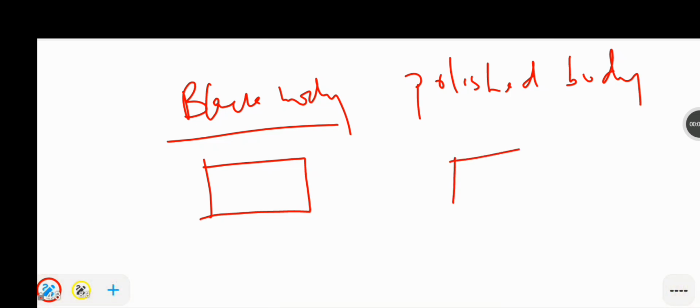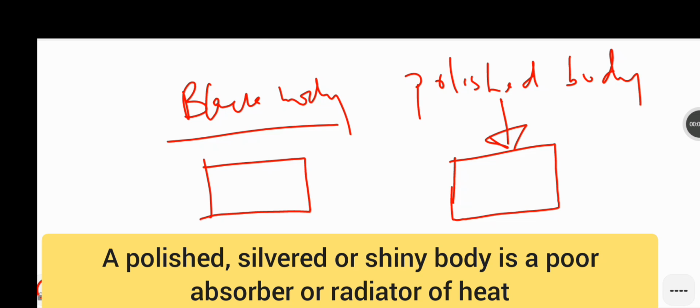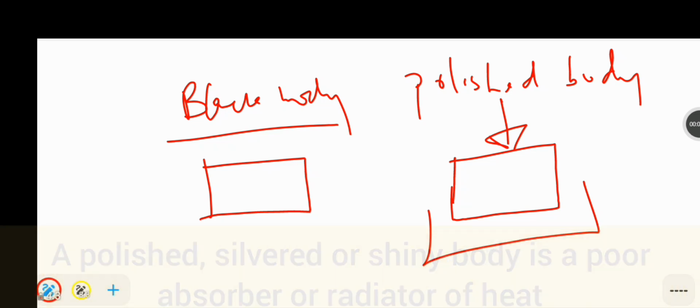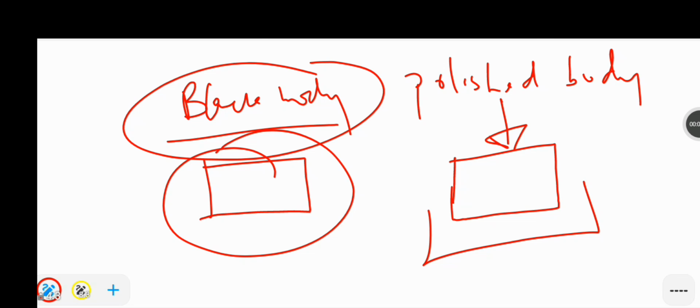Unlike a polished body, which is like a body that is silvered, something like white. A polished body is a poor absorber or poor radiator of heat. If you are putting on a white shirt under a hot sun, you will not feel as much heat as someone putting on a black shirt under the hot sun. So a black body is a good absorber or radiator of heat.